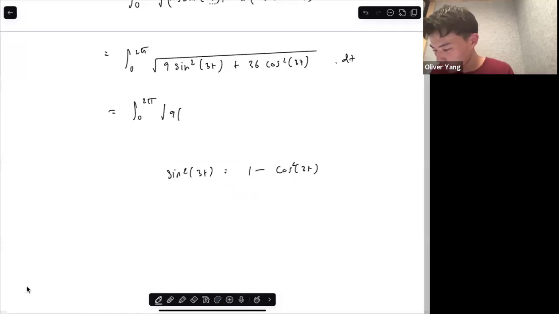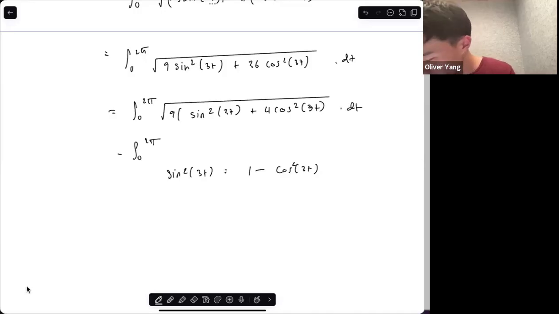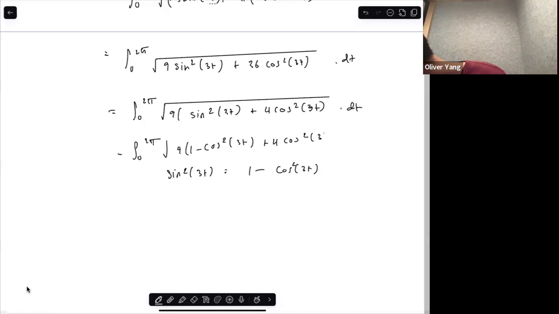So this becomes sine squared 3t plus 4 cos squared 3t, dt. And then so we're going to sub this in. So 9 times 1 minus cos squared 3t plus 4 cos squared 3t.